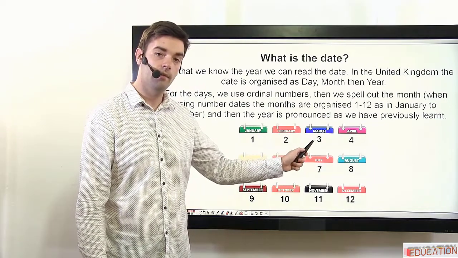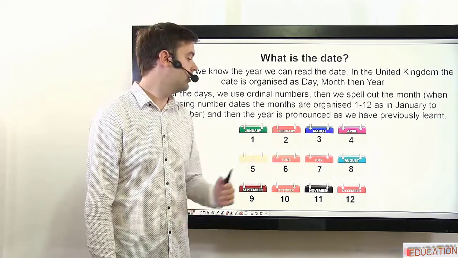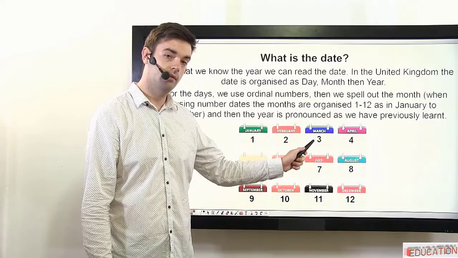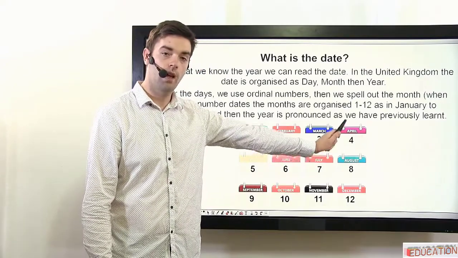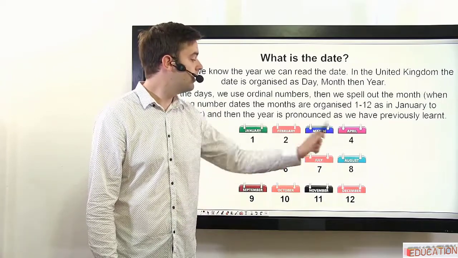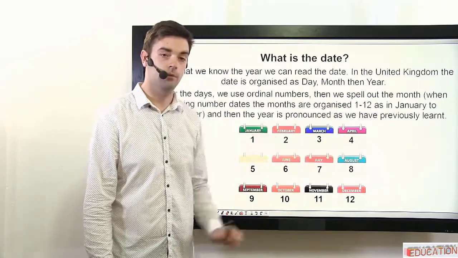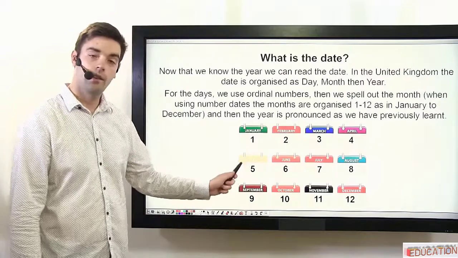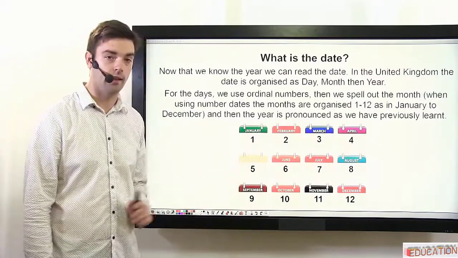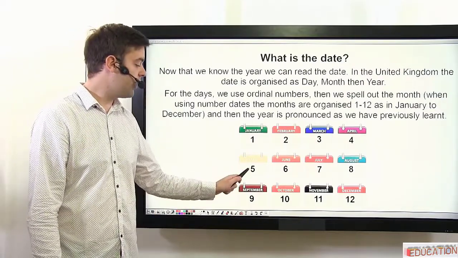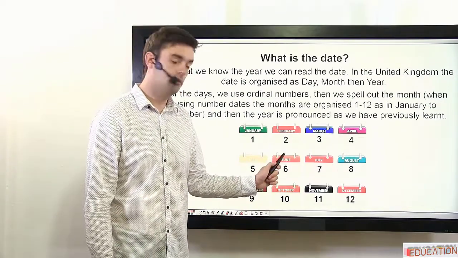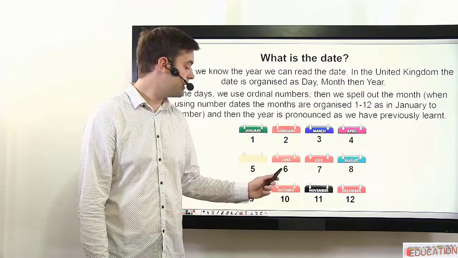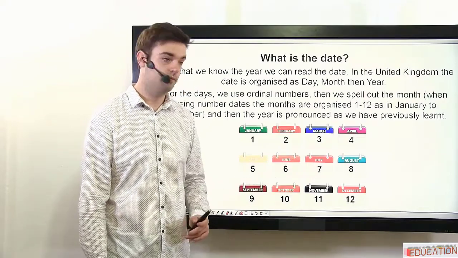Number 3, March. Number 4, April. Number 5, May. Number 6, June.